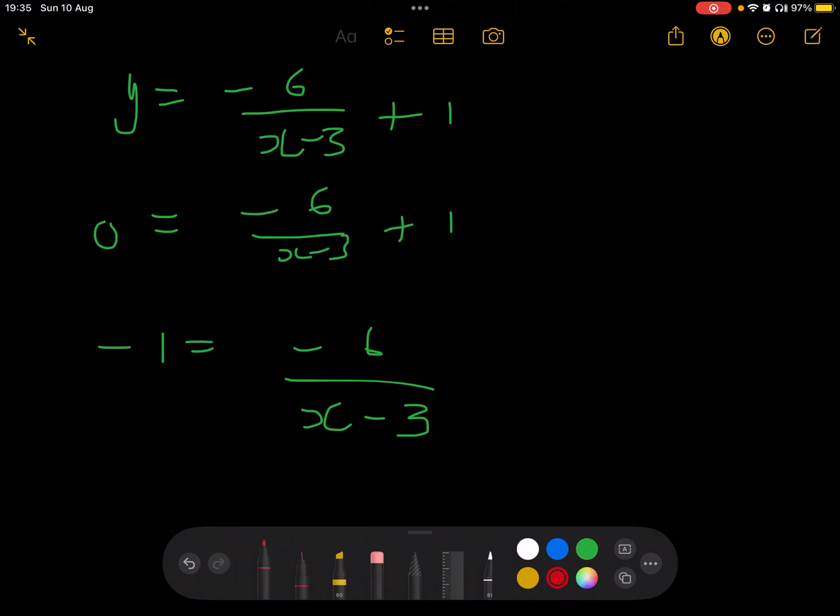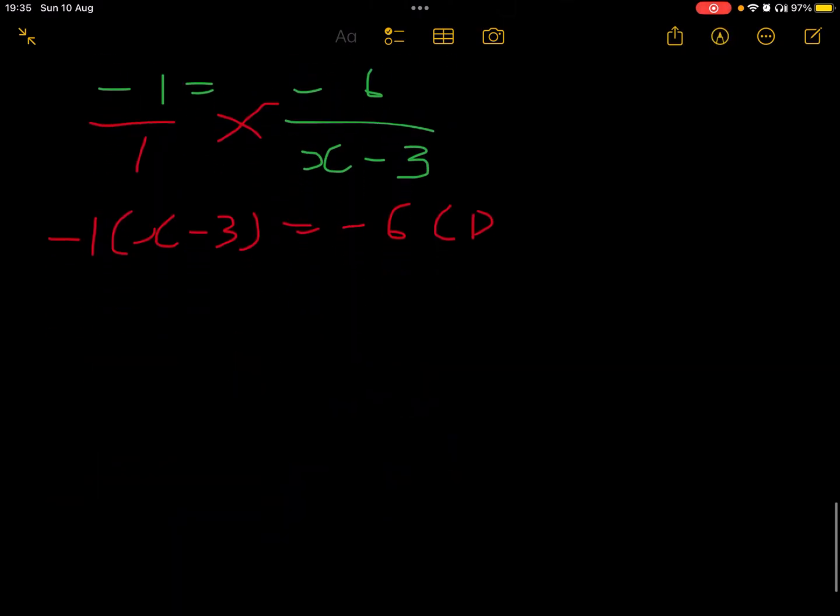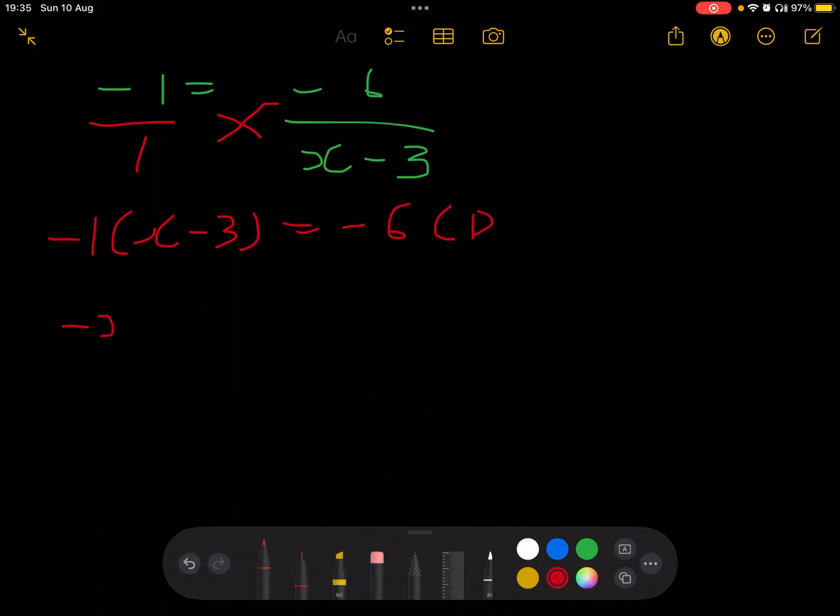And we can divide in here by a 1 so that we can cross multiply in order to get minus 1 multiplied by x minus 3 is equals to minus 6 multiplied by 1, of which we're going to get negative x plus 3 is equals to negative 6, and thus negative x is equals to negative 6 minus 3, of which negative x will be equal to negative 9.